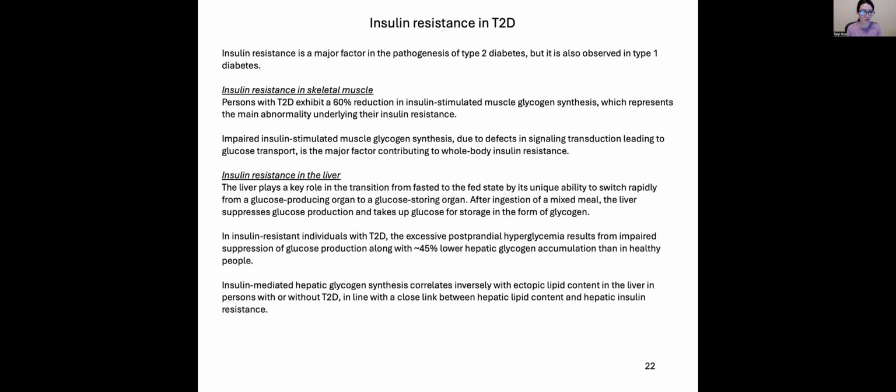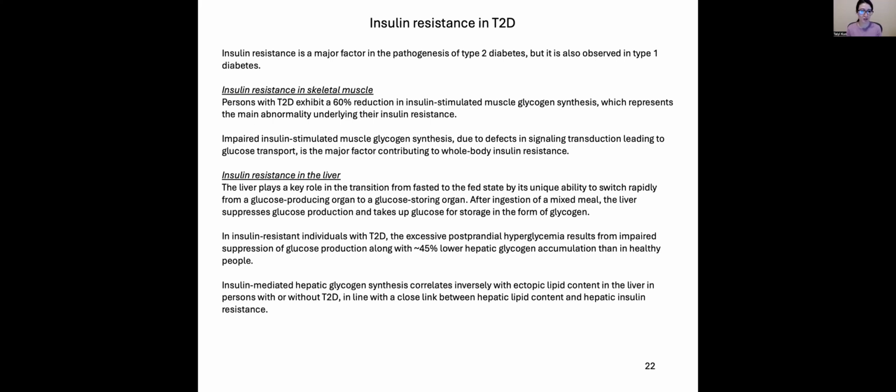So for insulin resistance in the skeletal muscle, people who have type 2 diabetes will show a reduction of about 60%, okay? A 60% reduction in insulin-stimulated muscle glycogen synthesis. And it is one of the main abnormalities underlying insulin resistance.